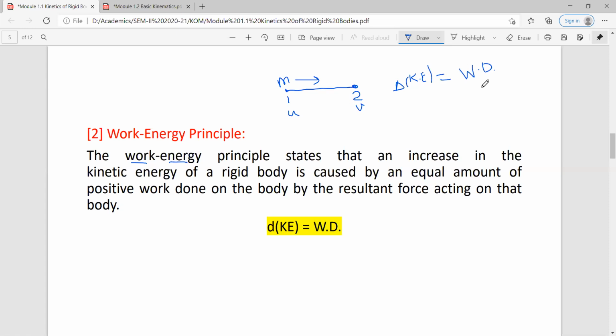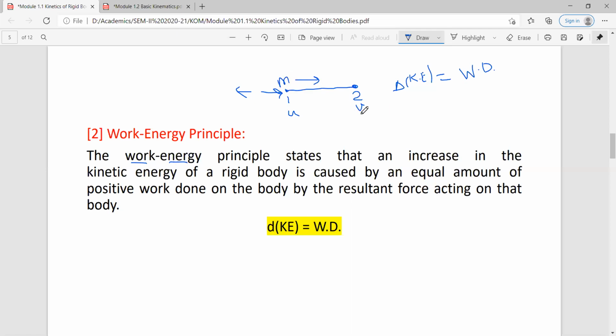Some force might have acted at this point, because of that the body got sudden acceleration, its speed increased. Or some force might have acted in the opposite direction to the body's motion, because of that the speed will reduce.